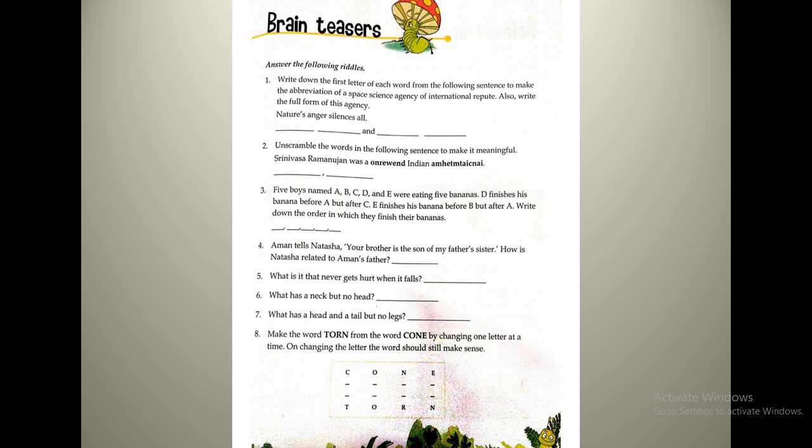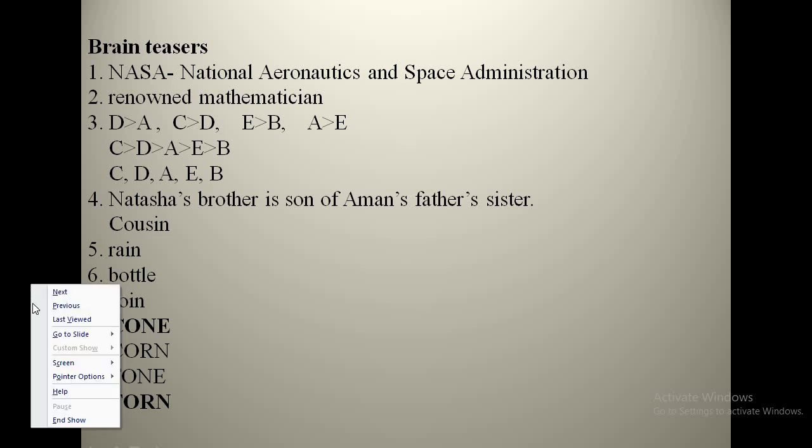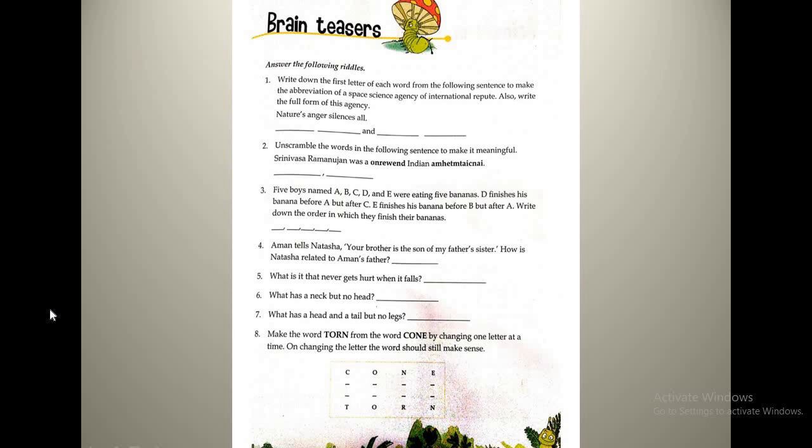You have to take the first letter of each word. Nature's N, Anger's A, Silence's S, all's A. It makes NASA, and the full form is National Aeronautics and Space Administration.